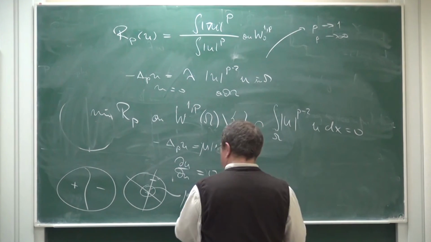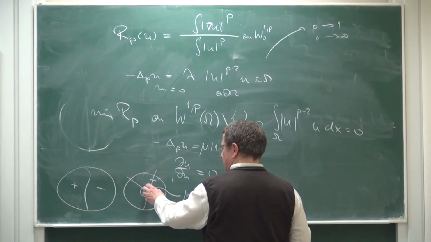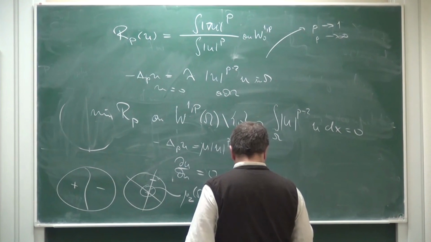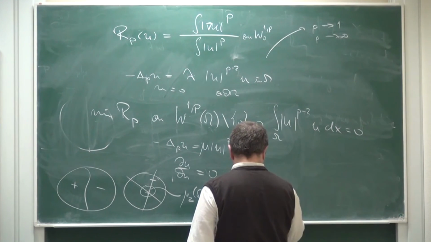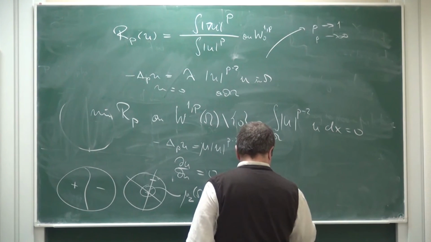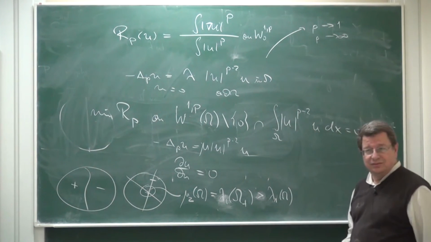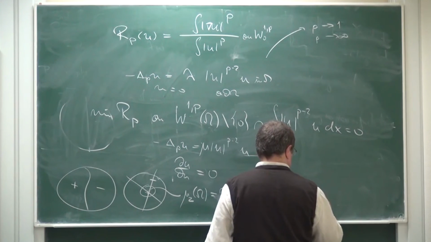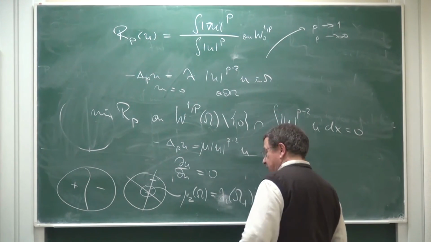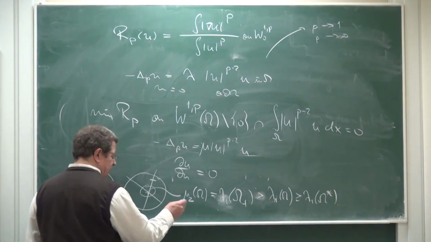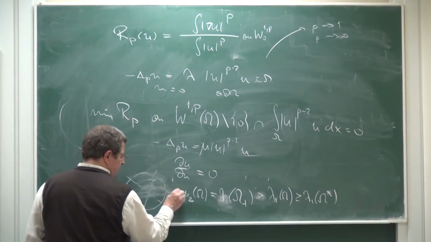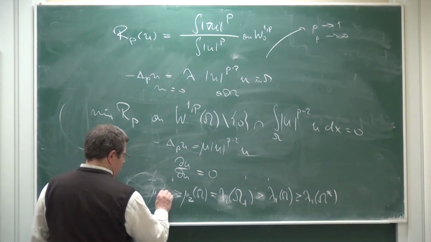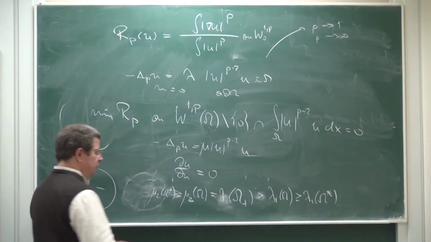And the eigenvalue of a smaller domain is bounded from below by the eigenvalue of a larger domain, because I have more functions, and that one is bounded from below by lambda 1 of omega sharp. And by some inequality of Kornhauser and Stekloff, this one is bounded from above by mu2 of a ball.